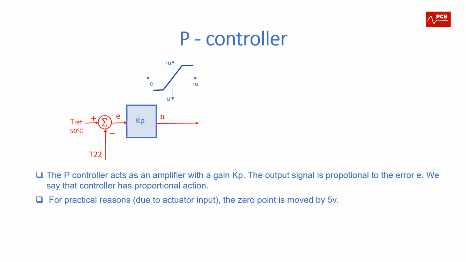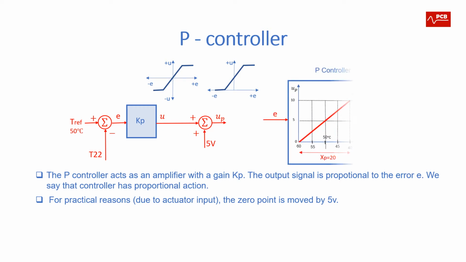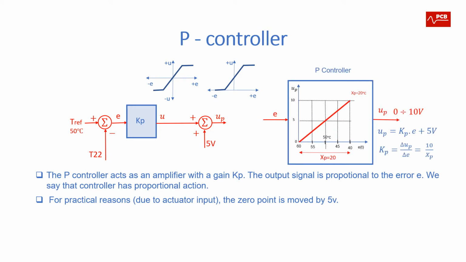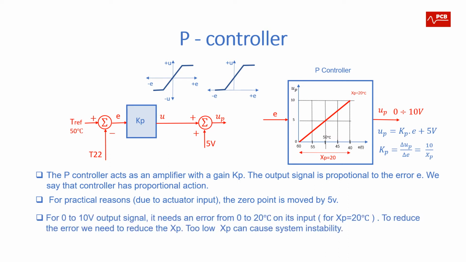The output signal looks like this, but we know that most of the actuators have standard input 0 to 10 volts. That's why we move it by 0.45 volts and we get this characteristic. Or generally speaking, we have this kind of graphical presentation of P controllers, and we see that for the output 0 to 10 volts, we need a certain error on its input.